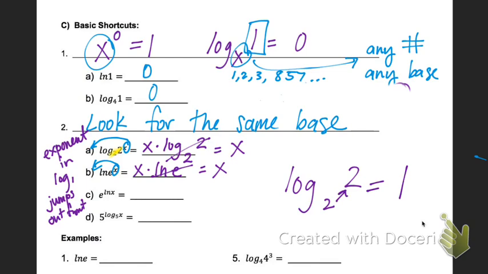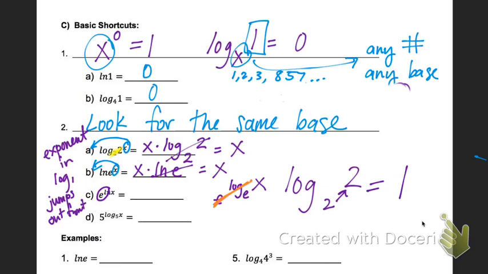So then let's look at C and D. This is now just in exponential form, but the same rule applies. So I have e to the ln of x. Those two have the same base, because it's really like saying e to the log base e of x. These will cancel, or become 1.